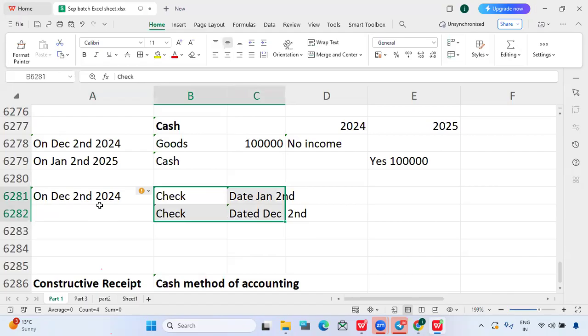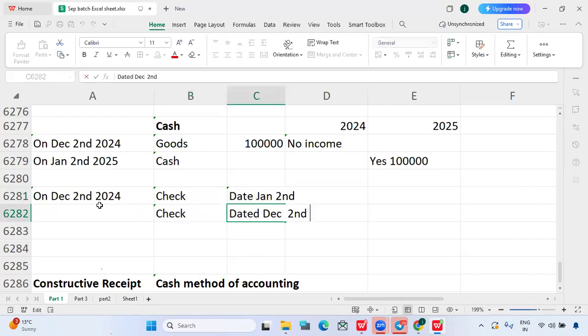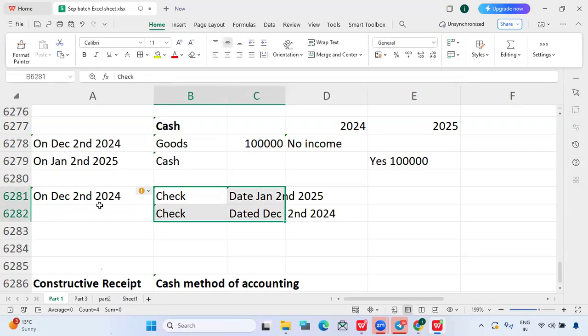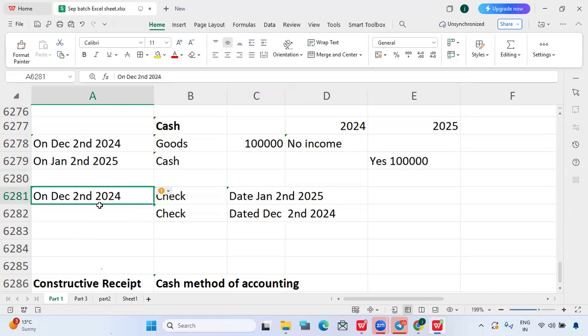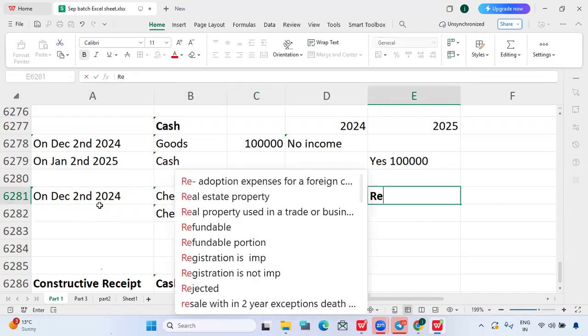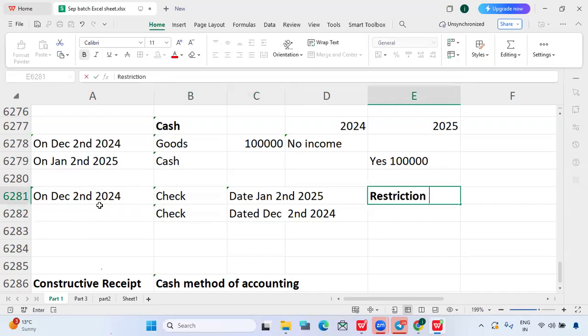Now, in the first case the check is dated January 2nd, 2025, and in the second case the check is dated December 2nd, 2024. So here we have a difference. In the first case, we sold the goods on December 2nd, 2024, and here we have a restriction.